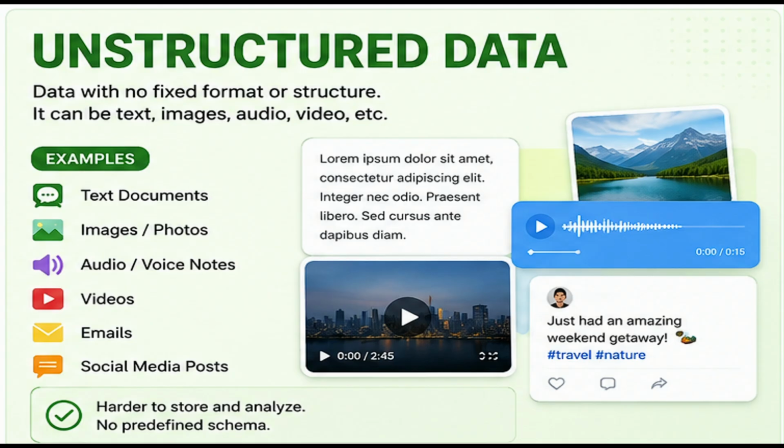But in unstructured, it's completely raw data. About 80 to 90% of the data in the world is unstructured. If you see the previous implementations we had done in RAG, it's completely unstructured data. We just gave some random data and uploaded it to the RAG. So it's completely unstructured.